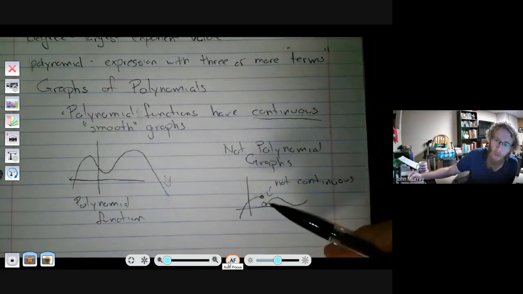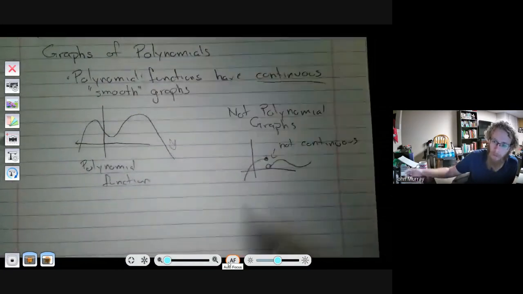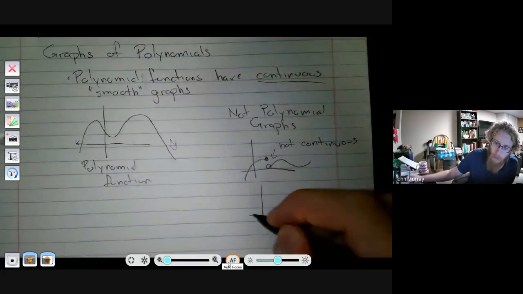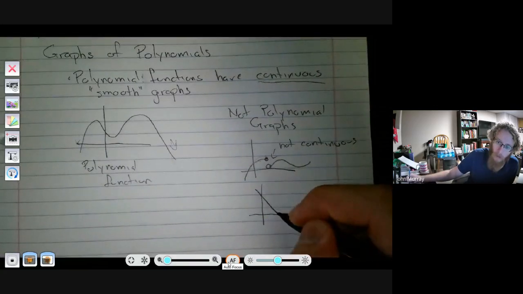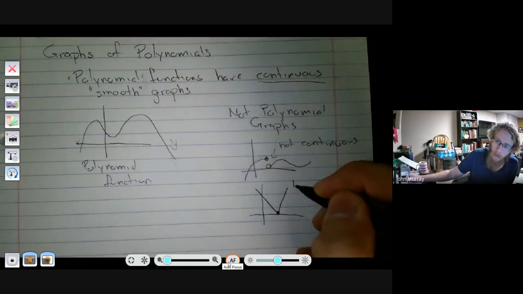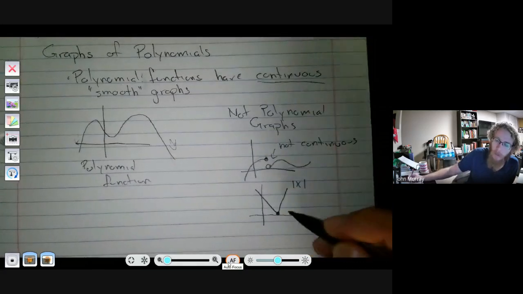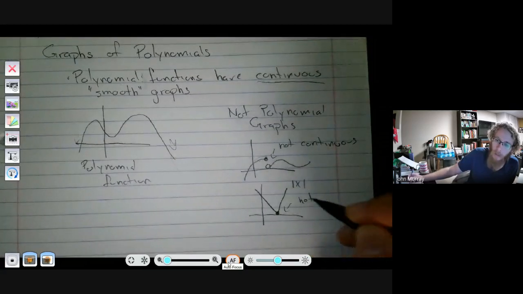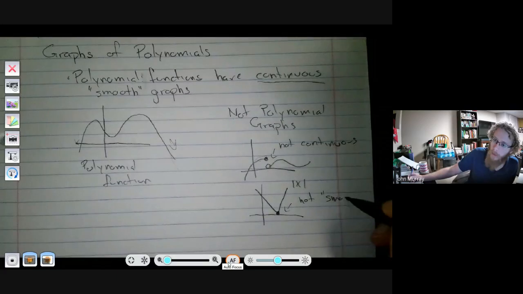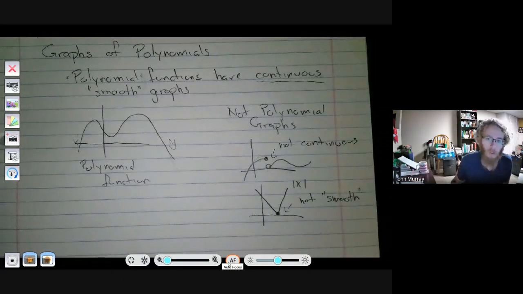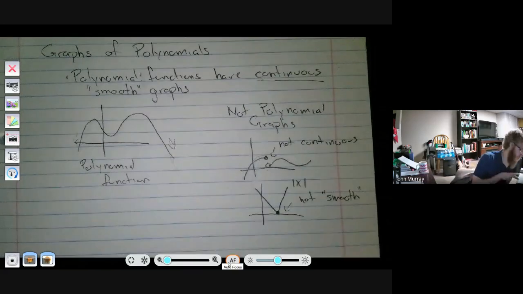So that we would say is not continuous. Or if we see something like an absolute value, that wouldn't be smooth. We kind of have an edge there or an angle. Polynomial functions do not have a sharp turn like that.